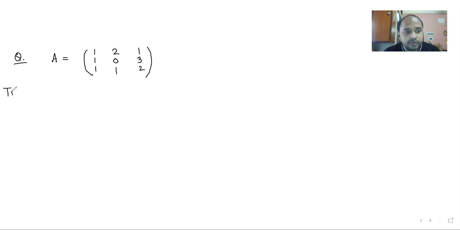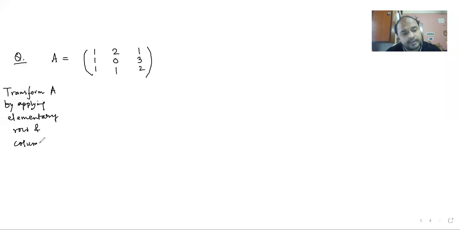So my job is to transform A by applying elementary row and column operations.